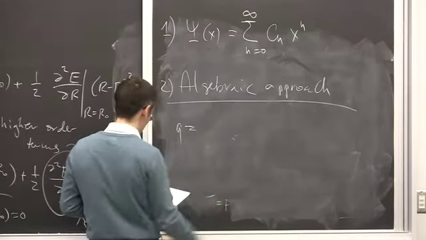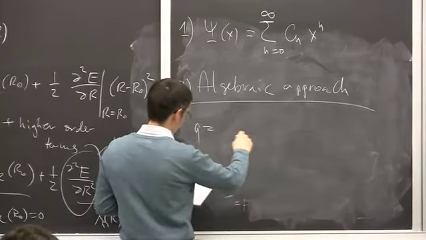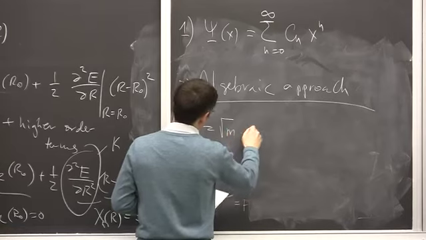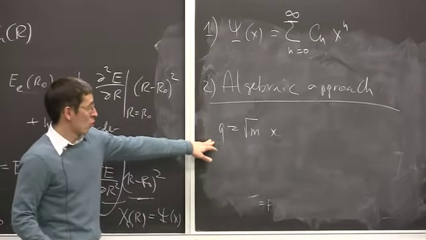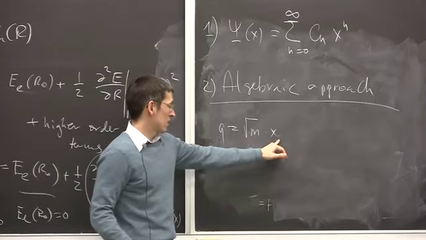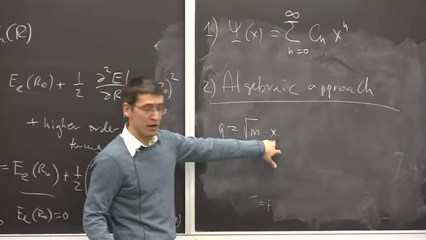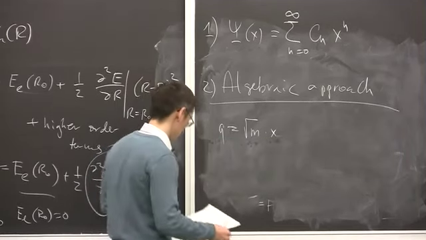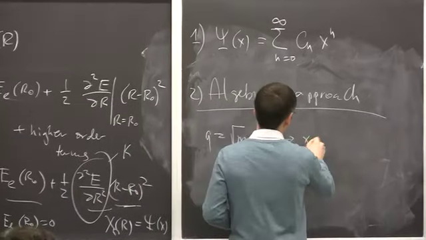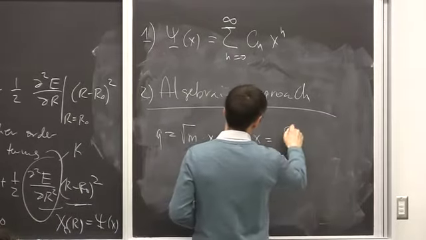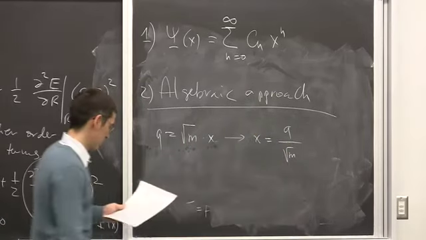So let's say I introduce coordinate q instead of x, and q is the square root of m multiplied by x. So I introduce a new coordinate that essentially has a scaling factor, square root of mass, multiplied by my old coordinate x. Okay, and so what does this give me? Well, first, x then becomes q divided by square root of mass, right?